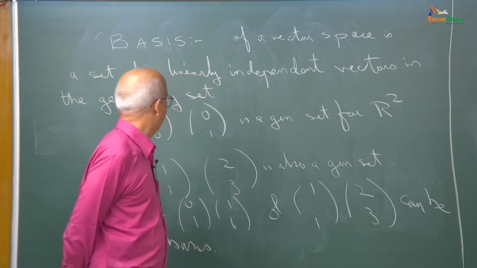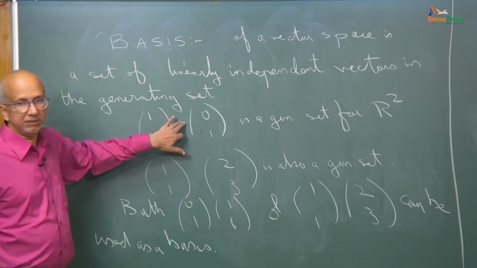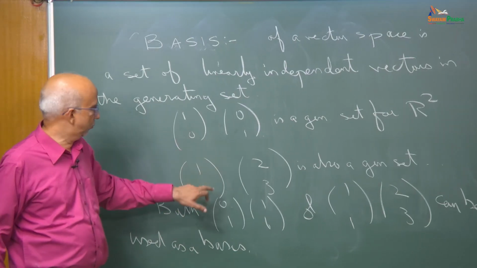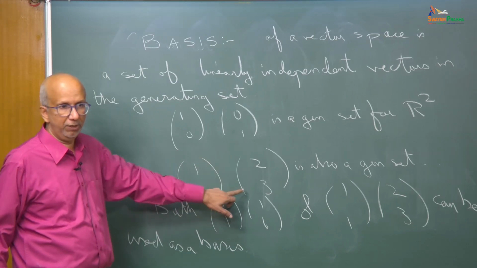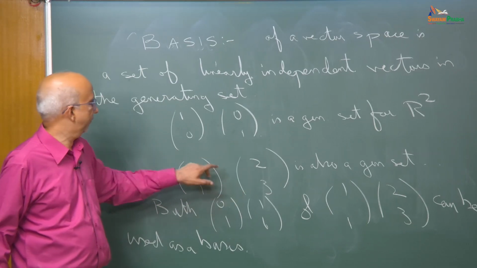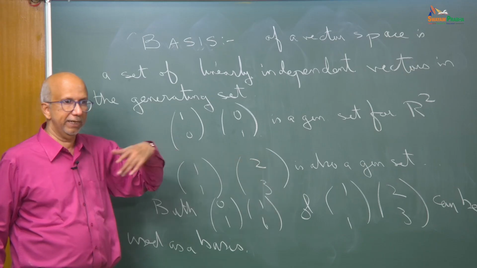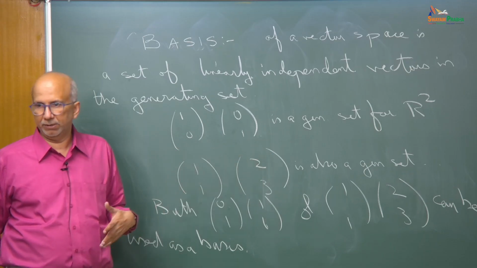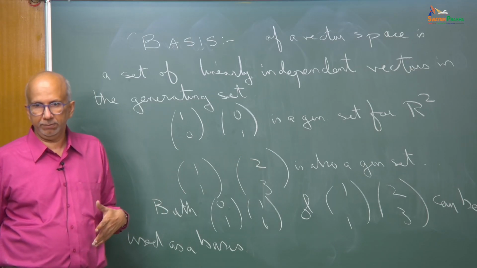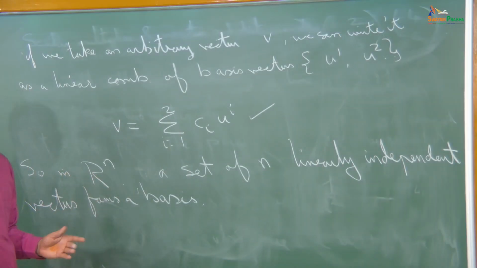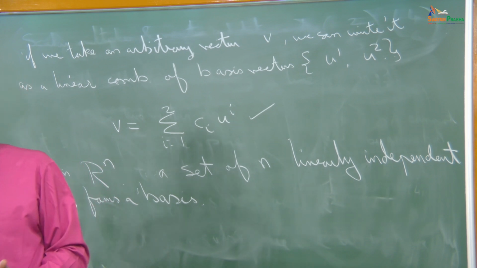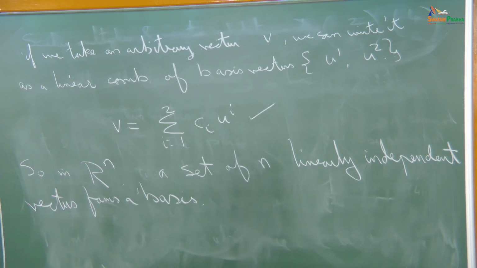For example, in R2 this is a basis because there are two independent vectors. But if I have 1 0 and 4 0, that is not a basis because they are dependent. I already know that in Rn I can have a maximum of n independent vectors. So, if I have n independent vectors, that will form a basis.